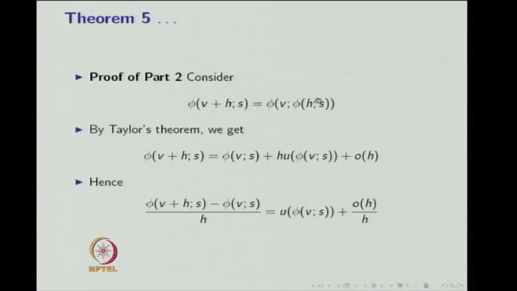By Taylor's theorem, the right hand side becomes psi(v, s) + h u(psi(v, s)) + order of h. Then take psi(v, s) to the left hand side and divide throughout by h, and you will get this equation.